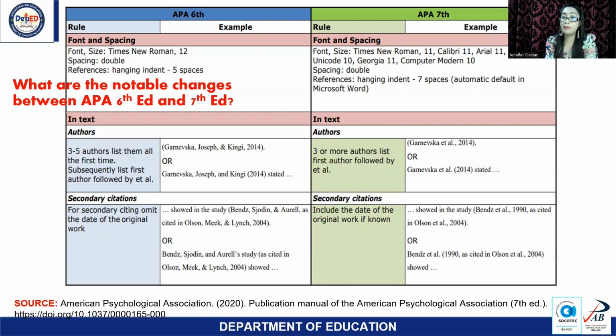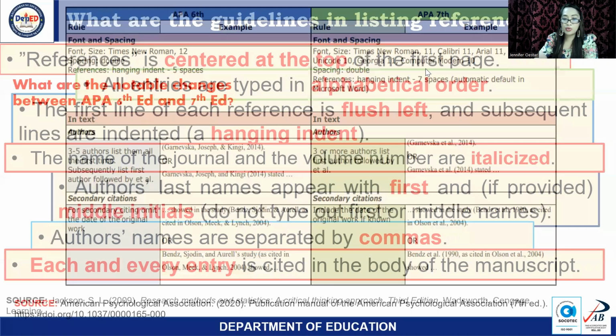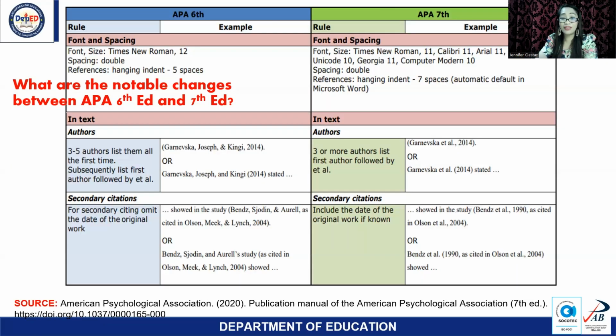Therefore, Times New Roman 11, Calibri 11, Arial 11, Lucida Sans Unicode 10, and Georgia 11, Computer Modern 10 are being accepted, and the spacing is still double. References hanging indent 7 spaces, but we can use the automatic default in Microsoft Word.